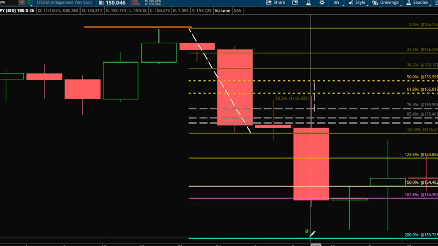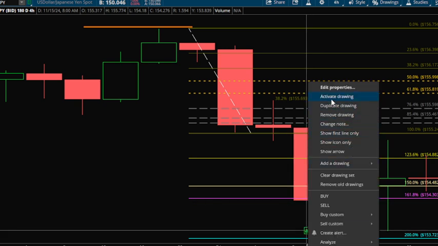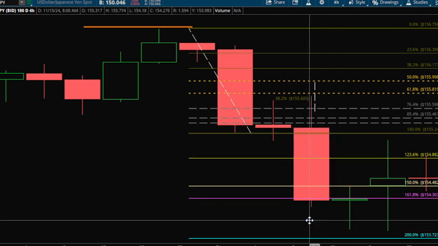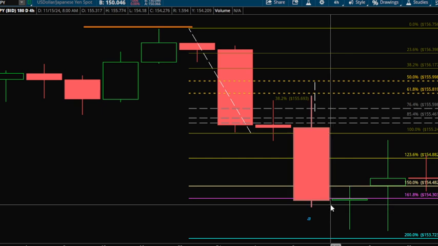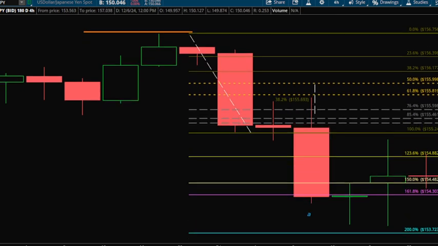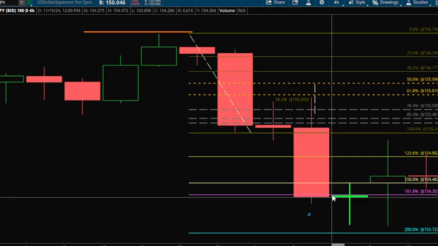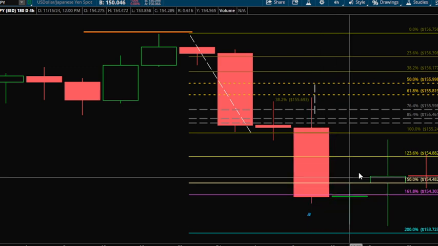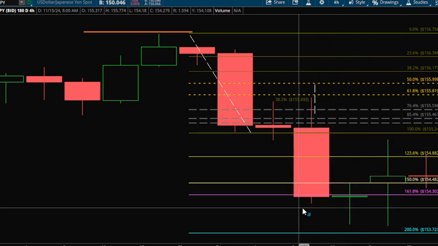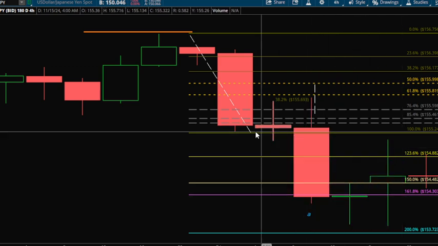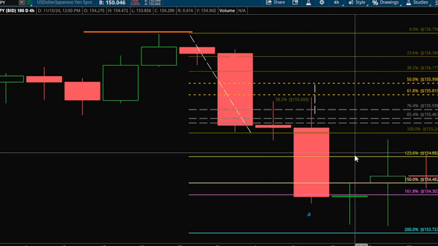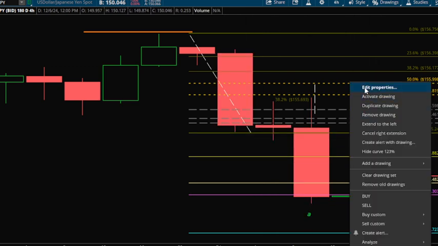I guess it went past it a little bit, but we can probably assume that on a smaller time frame there was the expanded flat inside. Okay, so that's pretty close. And now I guess we could write that down.